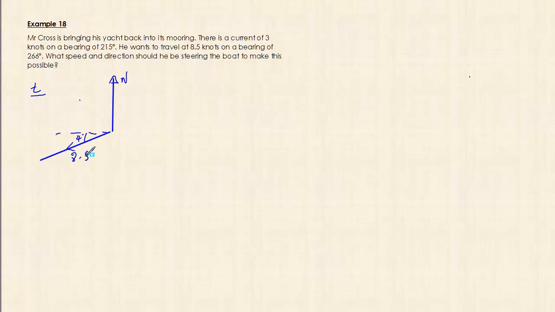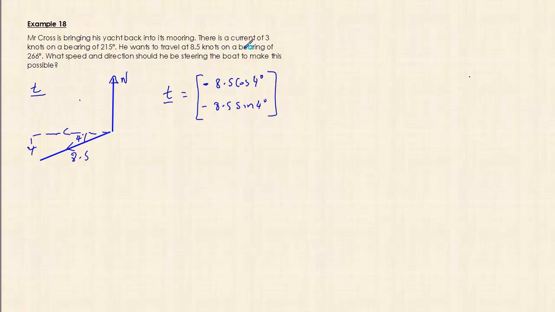This needs to be 8.5. So true is going to be, remember that's going to be back this way and then down. So that's going to be negative 8.5 cos 4 degrees, and negative 8.5 sine 4 degrees.